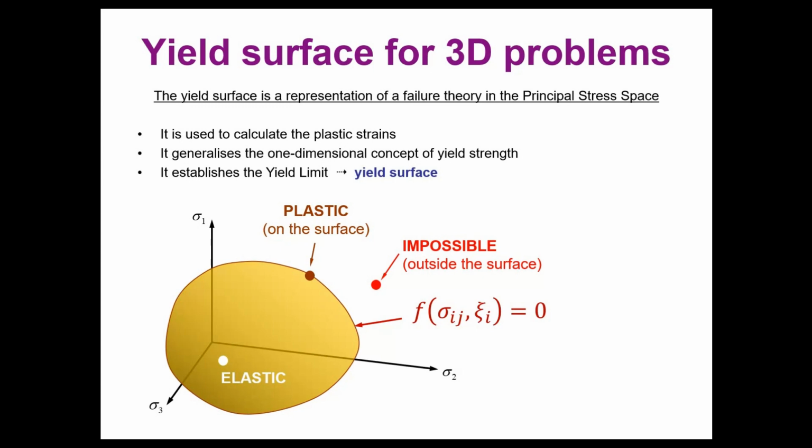But in order to make a graph and to study the shape of the yield surface, we are going to do it in the space we can see, that is to say a space with 3 axes only, the principal stresses in this case.